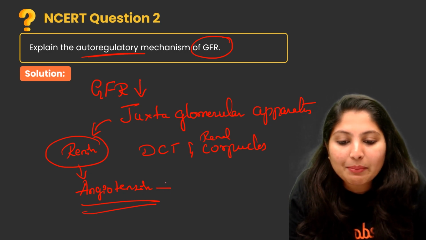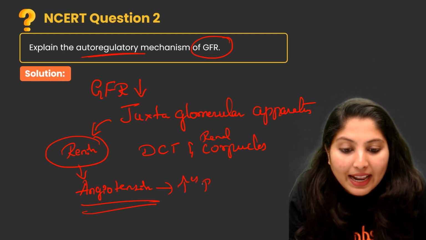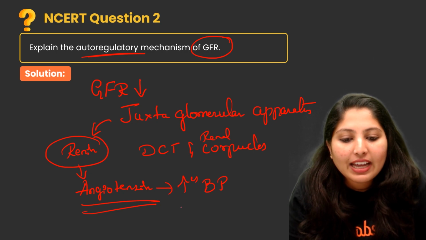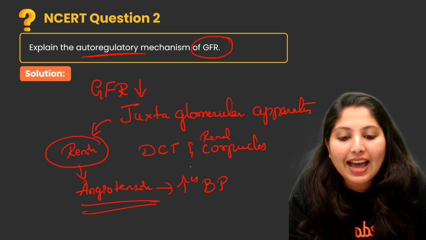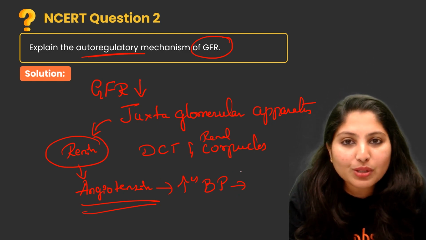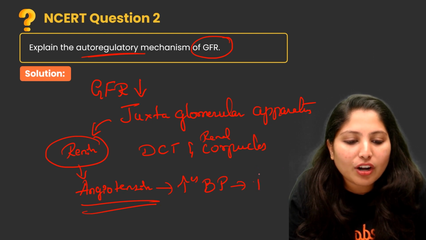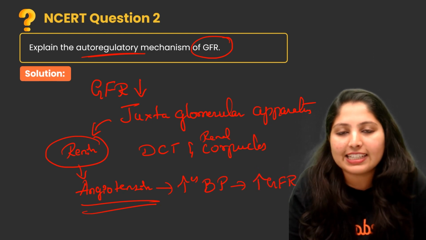This mechanism increases the blood pressure. As the blood pressure increases, the flow of blood also increases to the Bowman capsule. Hence the glomerular filtration rate increases.